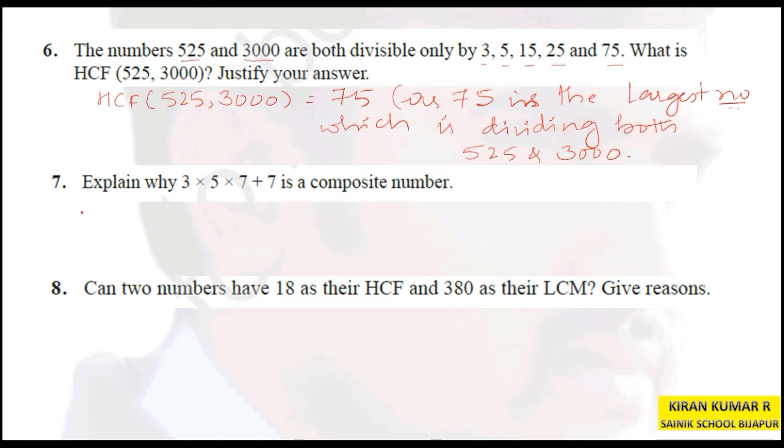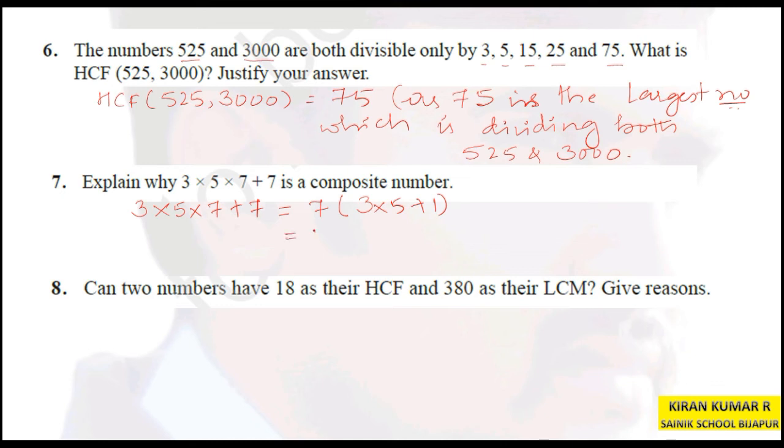Question 7. Explain why 3 multiplied by 5 multiplied by 7 added to 7 is a composite number. 3 into 5 into 7 plus 7 is a composite number. The reason is, this can be written as 7 multiplied by (3 into 5 plus 1).